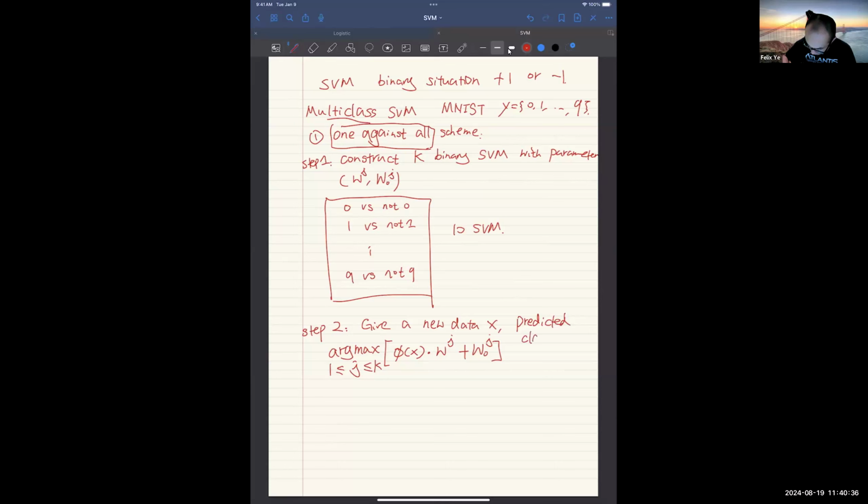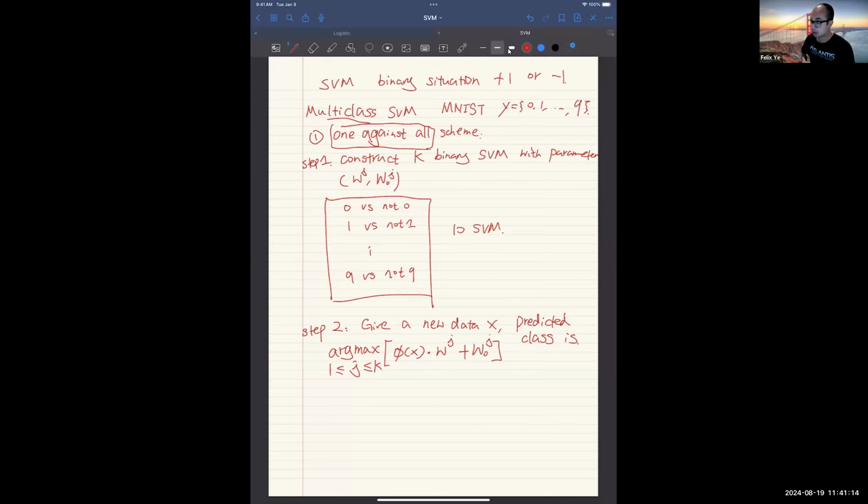So basically we train these 10 different SVMs for one against all. Then you have a new data point, you plug it in, and you find the distance between the point and all 10 decision boundaries in the positive direction.